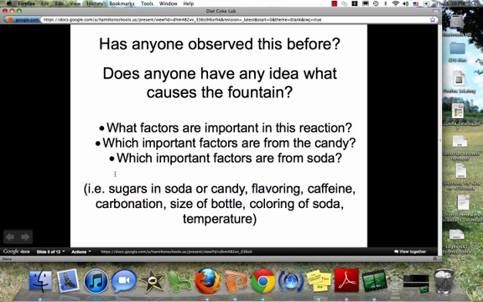To get us started, we said down here in parentheses, the things that we might need to consider are the sugars or different types of sugars in the soda and/or the candy, the flavoring of the soda and/or candy, the caffeine or carbonation or size of the bottle for the soda, and we are not using 2 liters for this lab, we will use 24-ounce bottles, the coloring of the soda, and the temperature of the soda and/or the surrounding air.